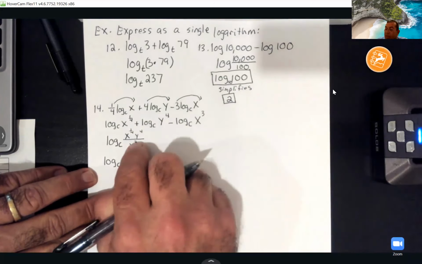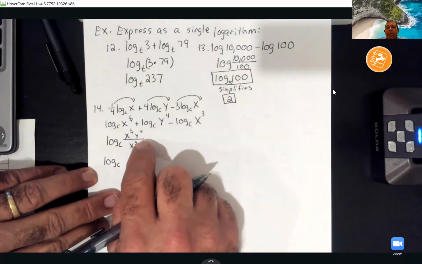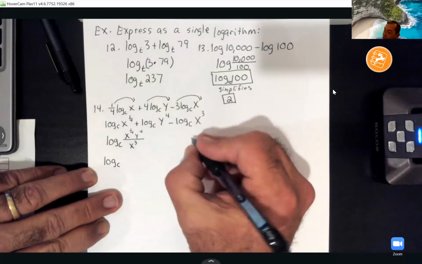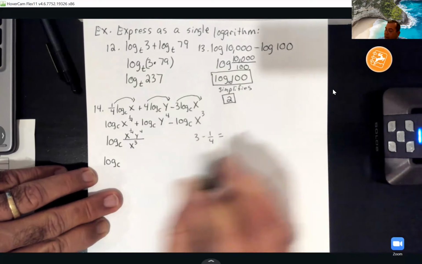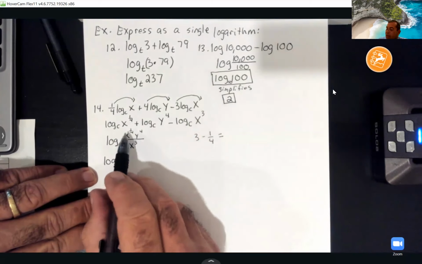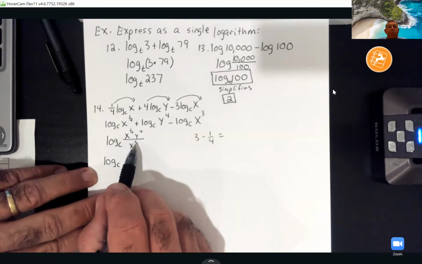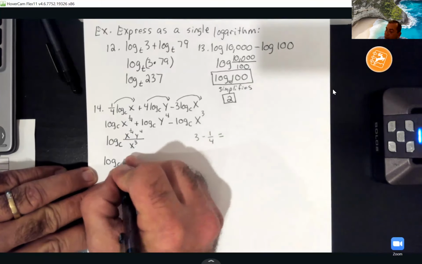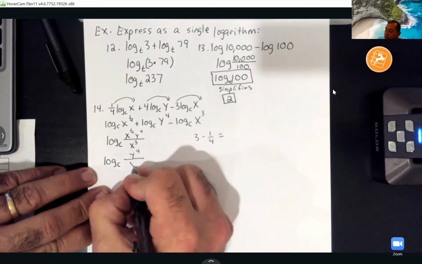So that means the x will stay in the bottom because the exponent's bigger here. So what y'all need to do is figure out what 3 minus 1/4 will give me. So take the bigger exponent, subtract the smaller exponent, and whatever answer we get will go to the bottom. So the only thing on top will be that y to the 4th.